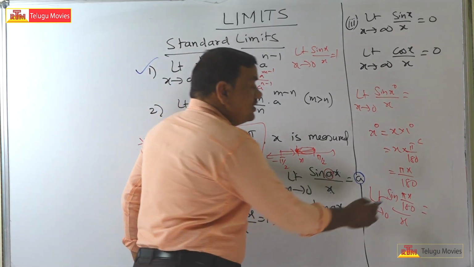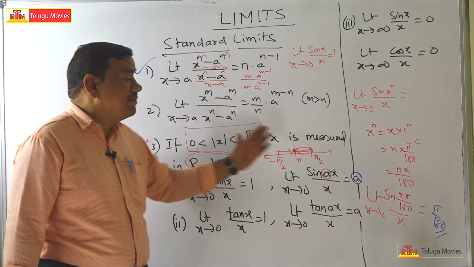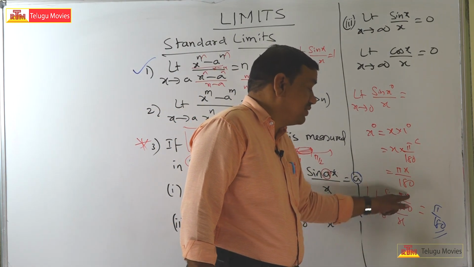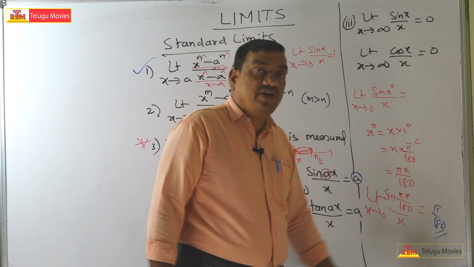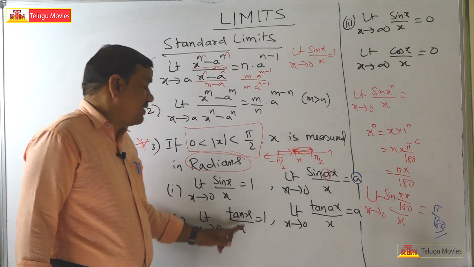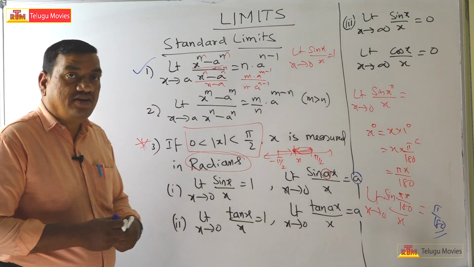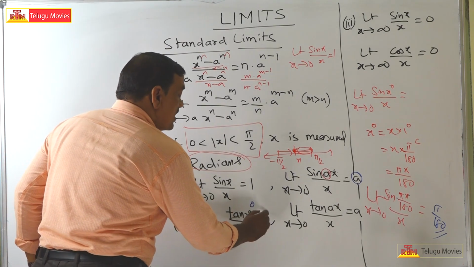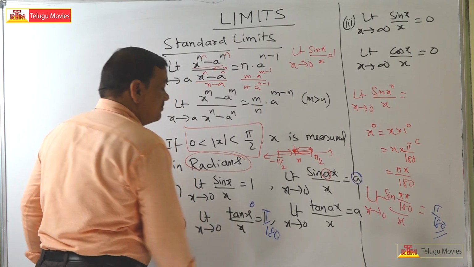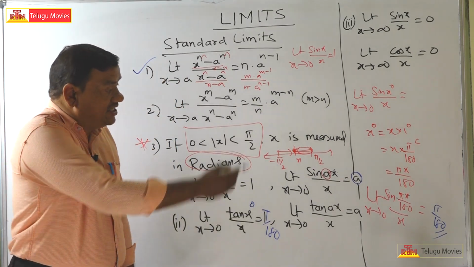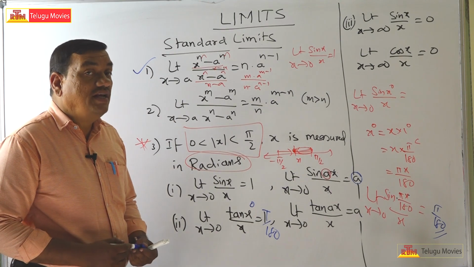Here the x coefficient is pi by 180. Same concept for tan: if it is tan x degrees by x, then your answer is pi by 180, because x degrees means pi x by 180 radians.